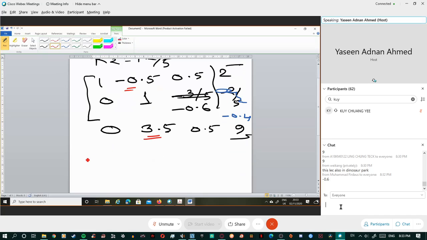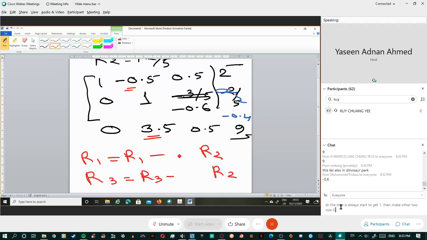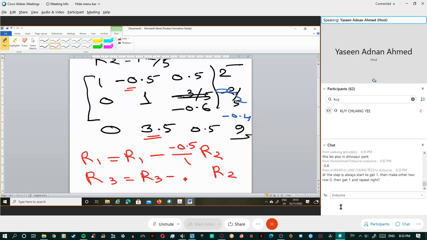So you will modify R1: R1 will be R1 minus with respect to R2. Similarly, R3 will be R3 minus with respect to R2. The coefficient of R2 is 1, and for R1, 0.5 is minus. And this one is 1, this is 3.5.